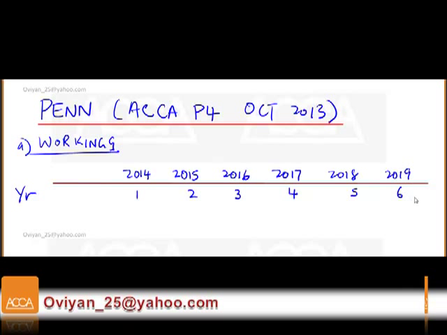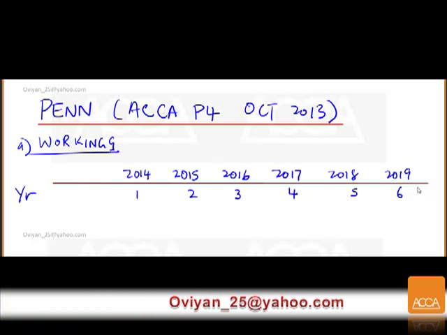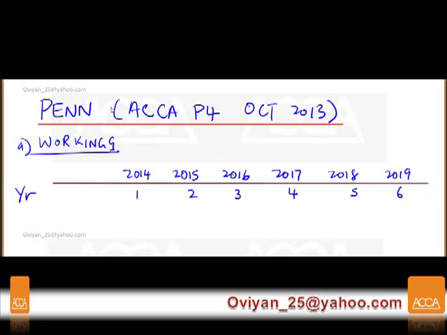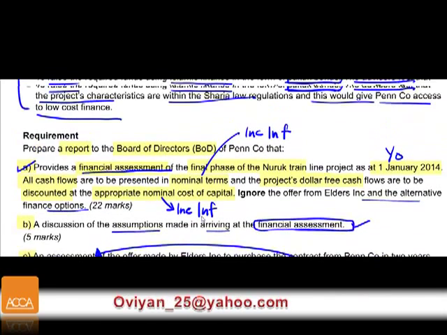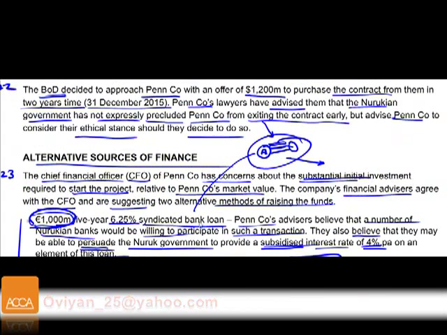Why do we have year 6? Because of tax. Nuruk 1 is going to be based on your tax one year delay, right?